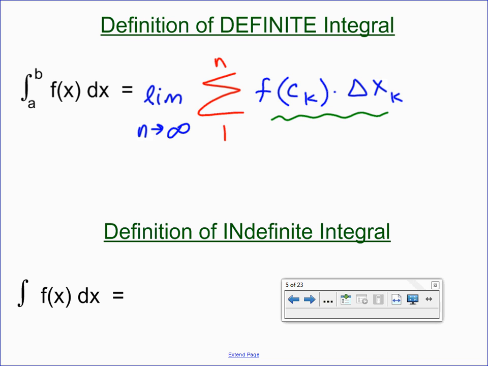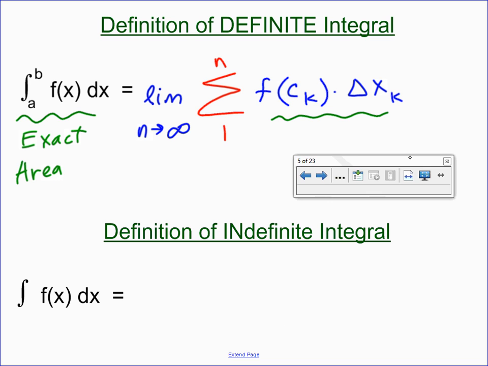If the number of rectangles goes to infinity, then those little jagged, sawtooth edges where the rectangles meet up with the curve will shrink and shrink until I'm left with the exact area underneath that irregular shaped curve. So there's our definition of the definite integral. Again, this represents the exact area between the function f and the x-axis over the interval a and b, and that is the limit of the Riemann sums.